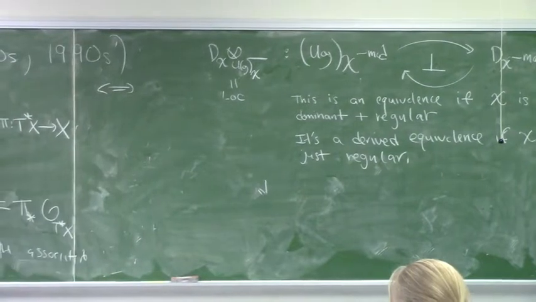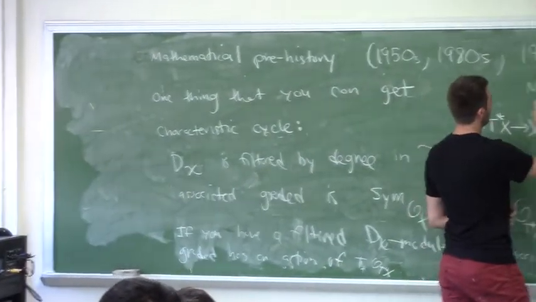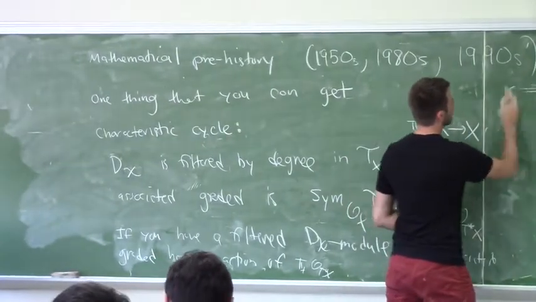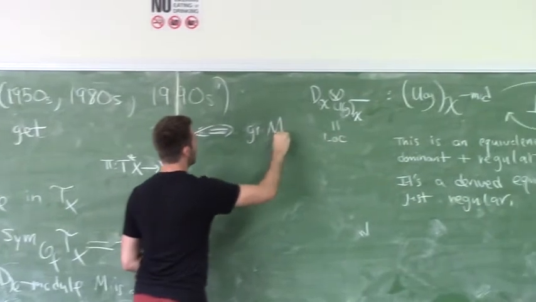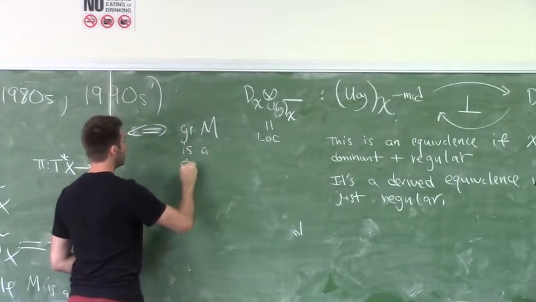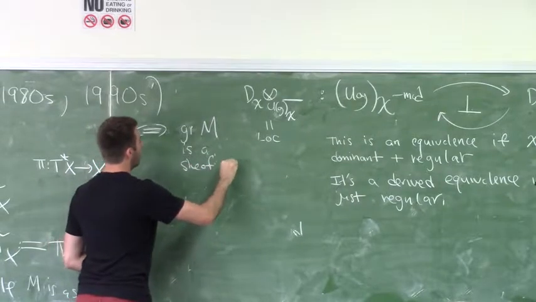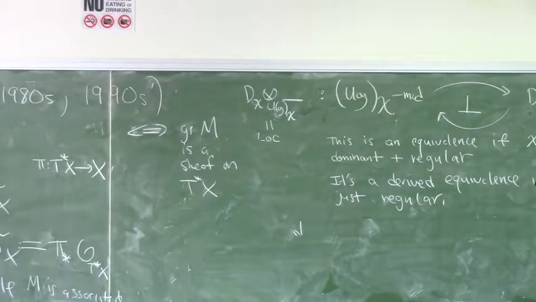So let me give this module a name, M. All of this is just equivalent to saying that the associated graded of M is a sheaf on the cotangent bundle.